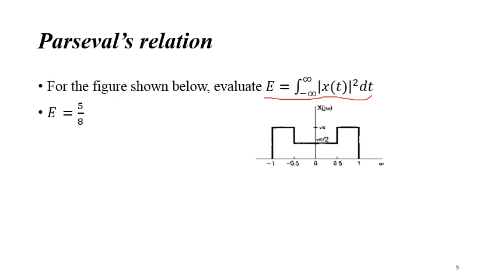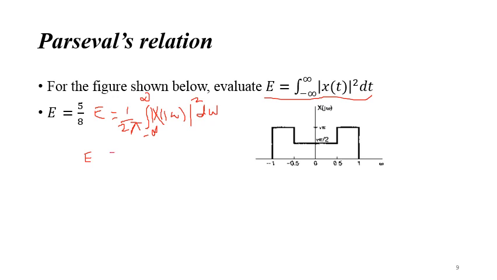But we can also find the energy in the frequency domain as given by Parseval's relation, and we know that E equals 1 over 2 pi times the integral from minus infinity up to infinity of the absolute square of x of j omega d omega.